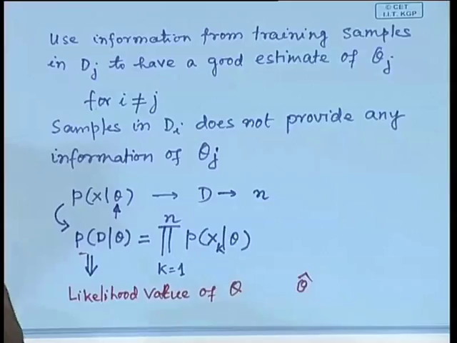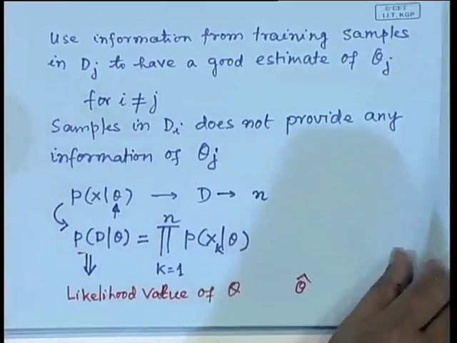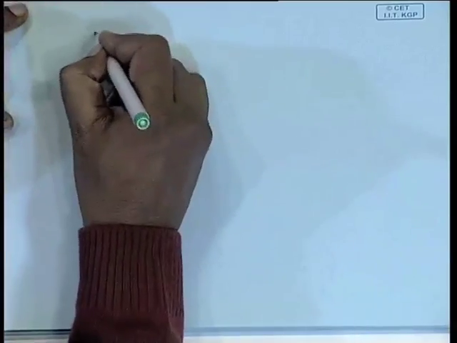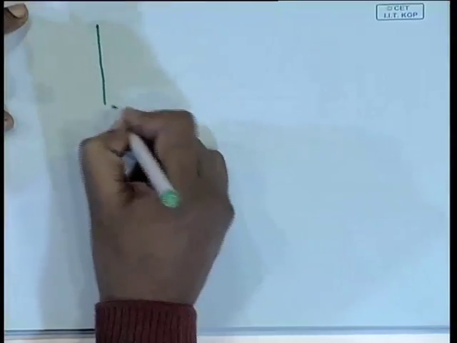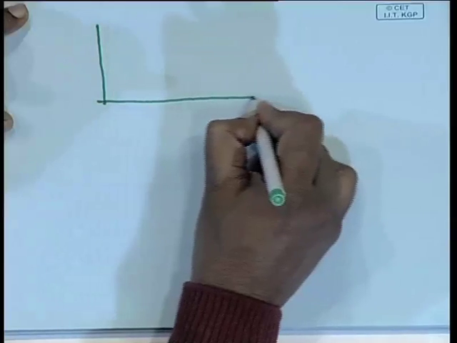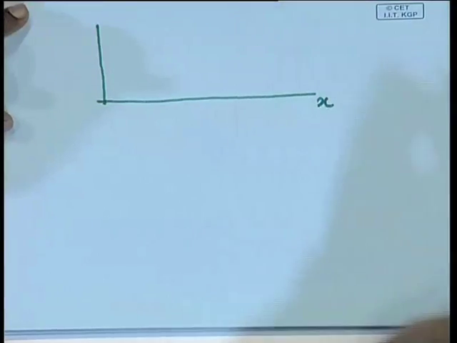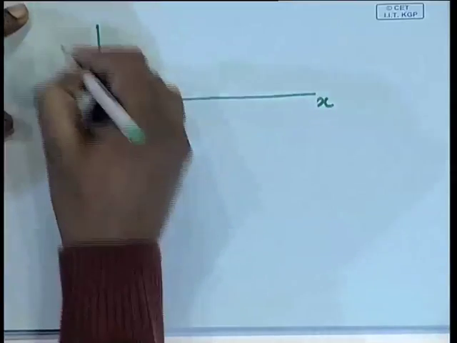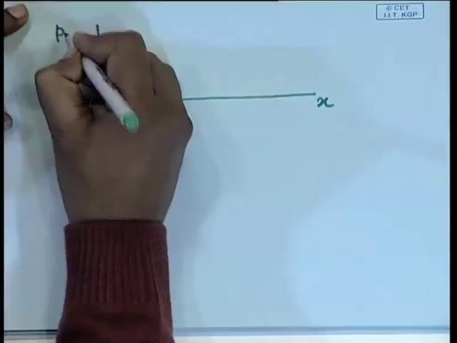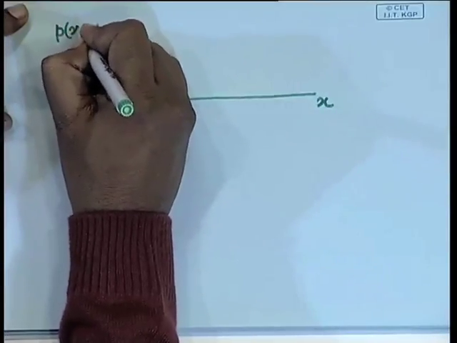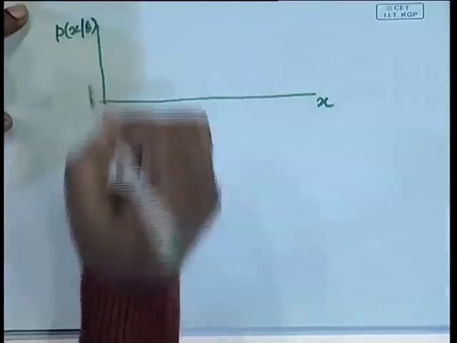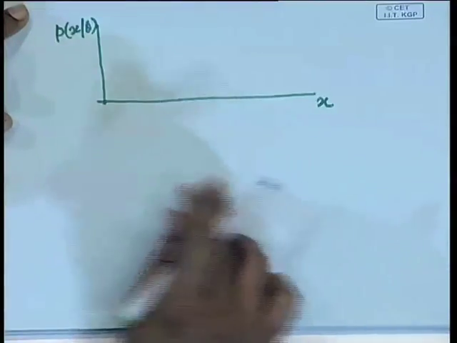Now, to be more specific, let us have a diagram. Suppose I consider the univariate case. This is x, and on this side I plot P x given theta.